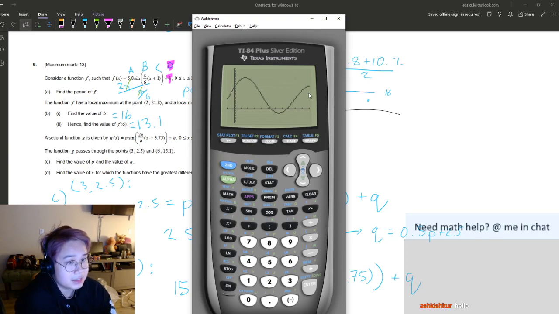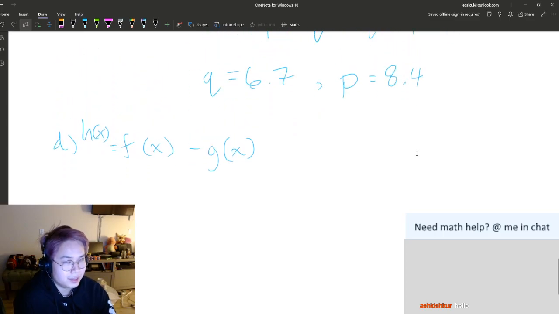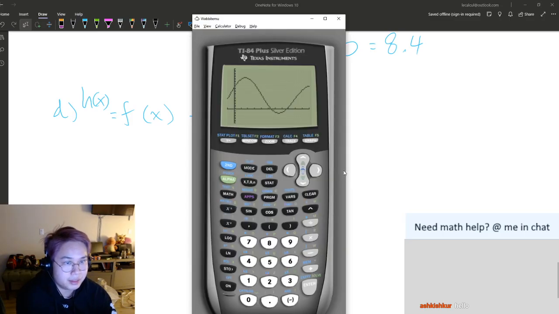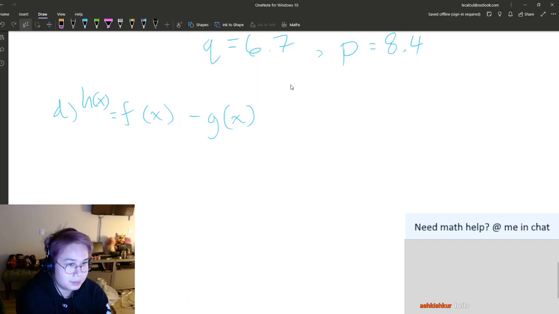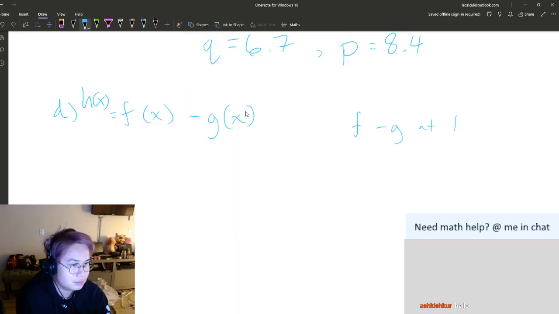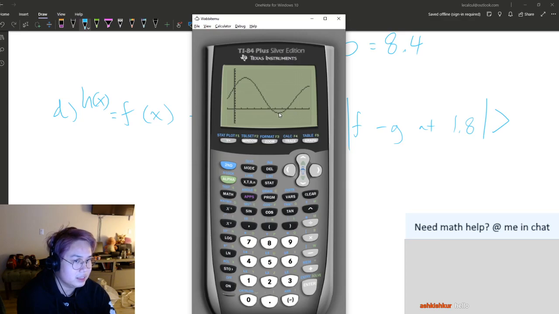And we want to find the greatest difference. Now, you do have to be very careful about what that means. It might not necessarily be the largest value you see in terms of positive. It is in this case because f minus g at whatever this value is, I think that's a little over 1. The absolute value of f minus g is larger than the difference here.